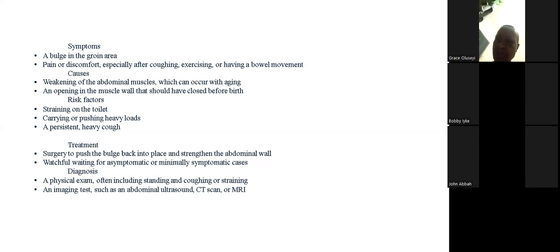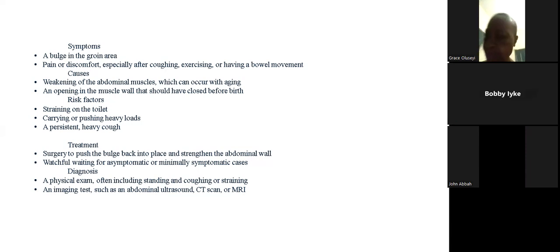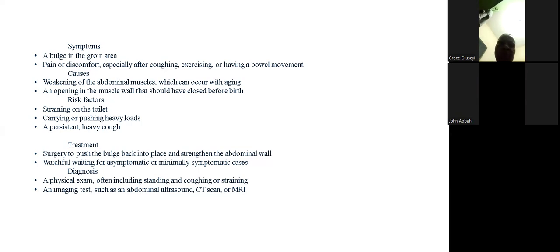Now, an opening in the abdominal wall that should have closed before birth. So that means the patient may have had some level of deformity at birth. So you now find the walls that ought to have closed before birth still remain open while growing. So you now find out that the patient, as the patient grows older, it is easier for the inner tissue to push through.